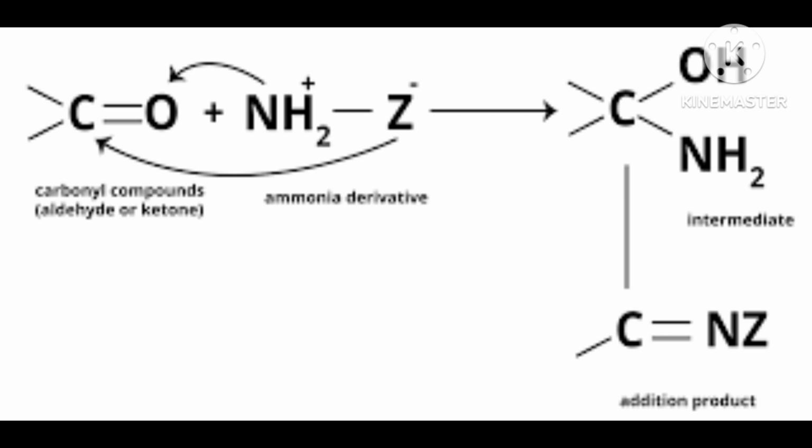The equilibrium favors product formation due to the rapid dehydration of the intermediate to form C double bond NZ. Now you can see in both reactions, whether with aldehyde or with ketone, the same thing will happen, because on NH3 three hydrogens are there. Then two hydrogens of ammonia and one oxygen of CO, both will react and form water, correct?